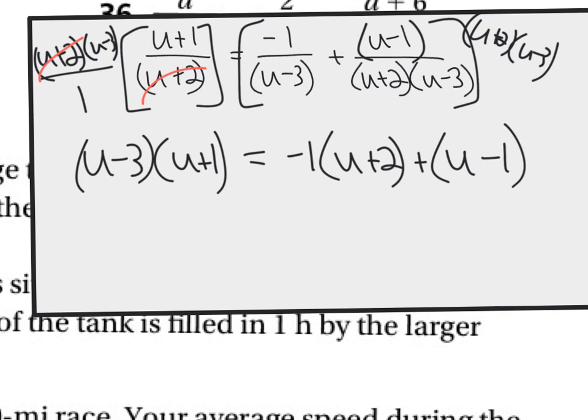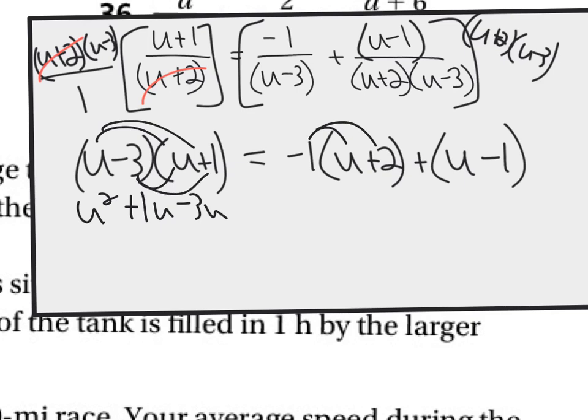So on the left side, we would need to FOIL that. On the right side, we just need to distribute the -1. So on the left side, we can distribute this. And then combine your middle terms together, and that would be u squared minus 2u minus 3.